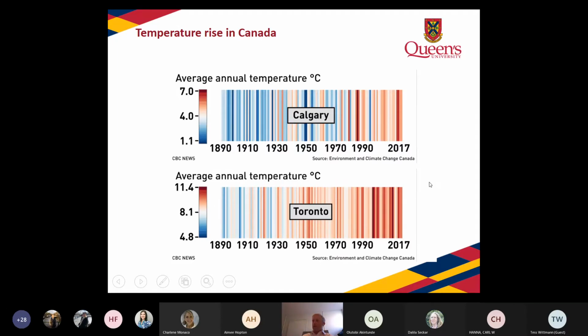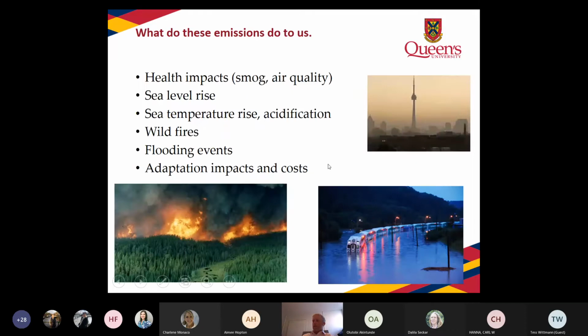The next slide that I wanted to show was how do these emissions and temperature rises impact us? We're going to continue to see things like additional smog and air quality issues, sea level rise, sea temperature rise, and acidification of the oceans, which I'll talk a little bit more about, as well as wildfires and flooding events.